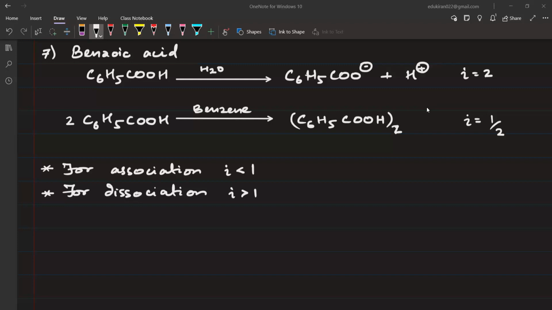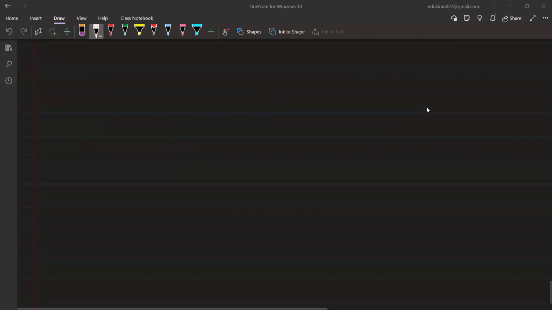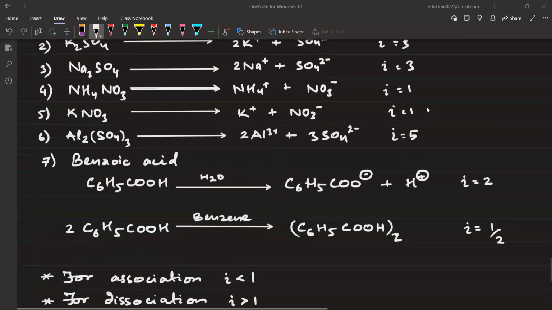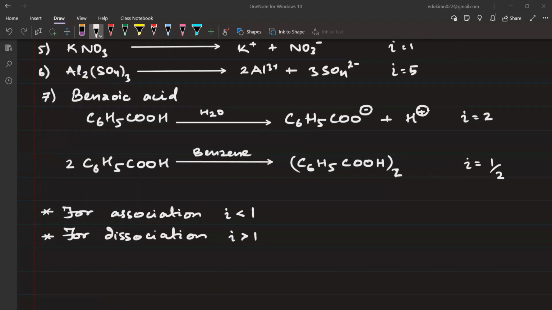Please see next thing for weak electrolytes. This is the case of strong electrolytes, है ना. In the question you will see, let us suppose this much gram of this solute was added in water, है ना, and calculate the osmotic pressure, calculate the elevation in boiling point or depression in freezing point, assuming that it is completely dissociated.